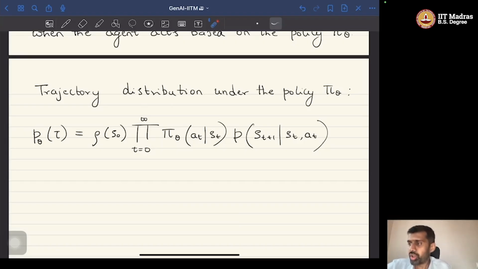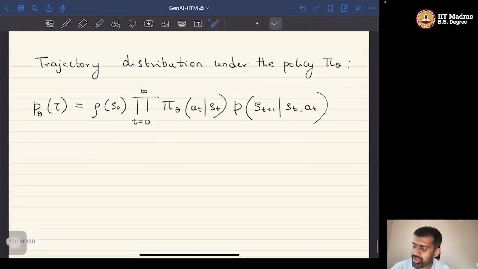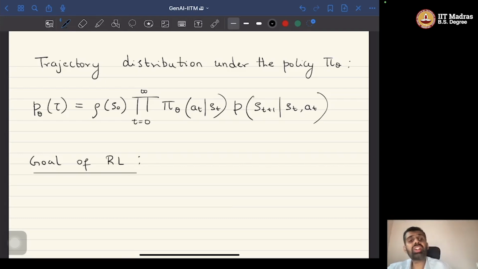Okay. Now with the definition of the trajectory, we need to define the goal of reinforcement learning. So recall that the goal here is to learn a good policy, right? The goal of RL is to learn a good policy.